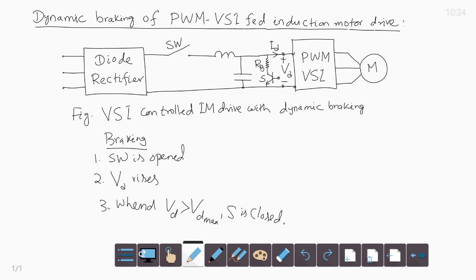Then the regenerated energy from the VSI and a part of the energy from the capacitance flows into the braking resistance RB and gets dissipated there. So, capacitance voltage reduces.